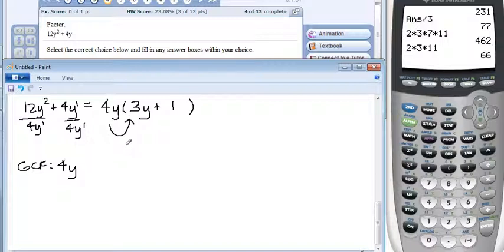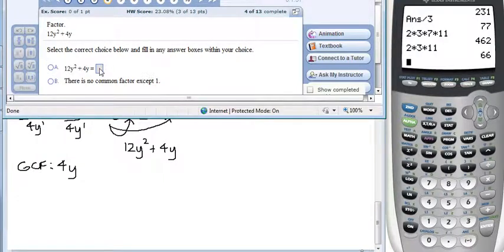So 4 times 3 is 12, y times y is y squared, and redistribute again: 4 times 1 is 4, and the y. Do you see how we're just breaking this apart? On a test, you want to redistribute. So to factor means, first of all, find your GCF and then divide through by your GCF.